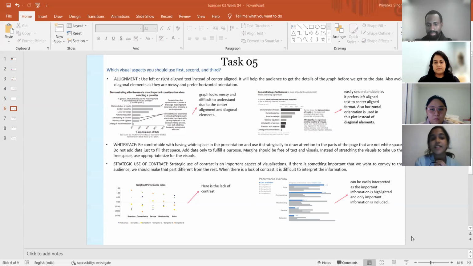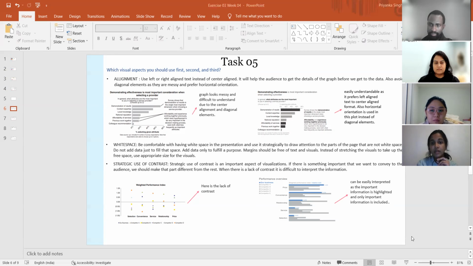Thank you, David. In task 5, we are discussing visual aspects that should be considered in communication. The first one is alignment. It's good to use left or right aligned text rather than centrally aligned. Also, it's good to avoid diagonal elements as they make the plot messy, and horizontal orientation is preferred.